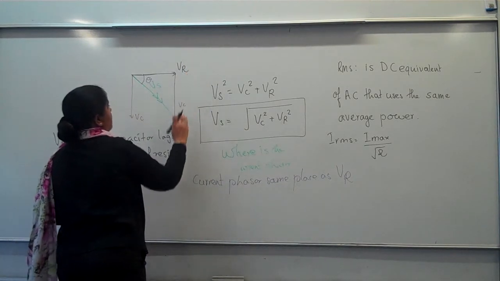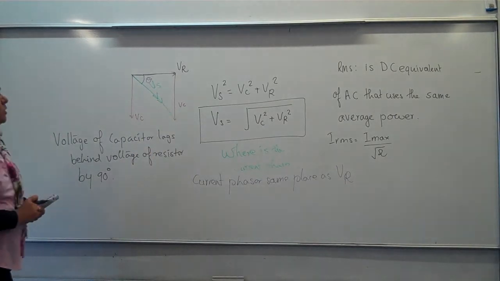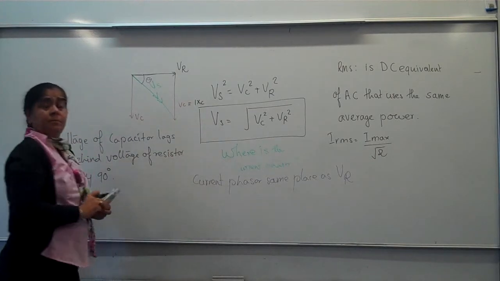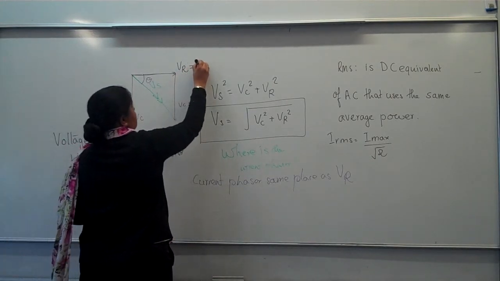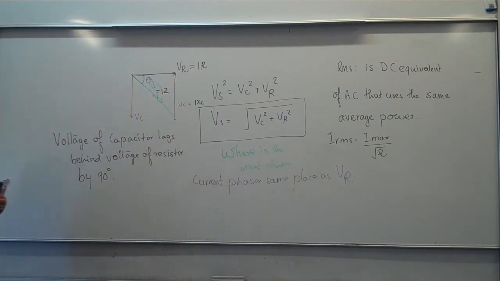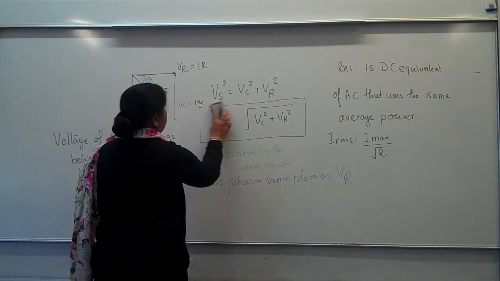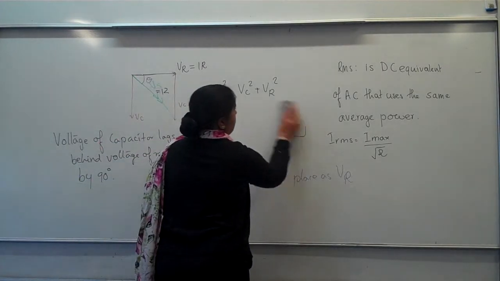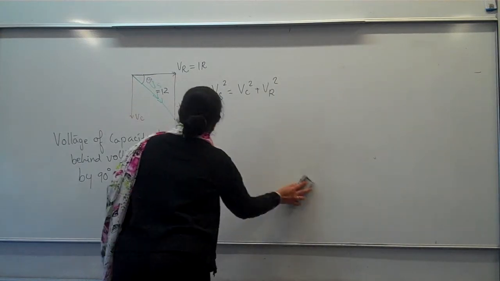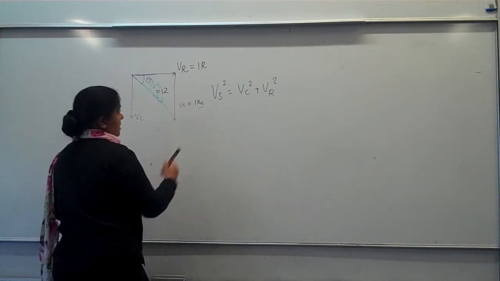We had VR here, VC here, and VS there. What actually is VC is IXC. Agree? What exactly is VR is IR, and what is VS is IZ. So if I write Pythagoras' theorem in this form now, what will it make?